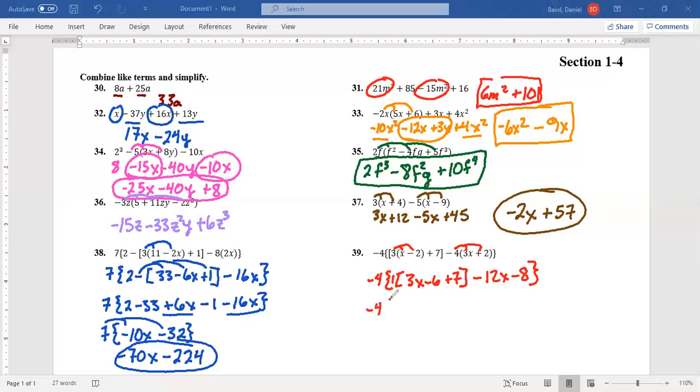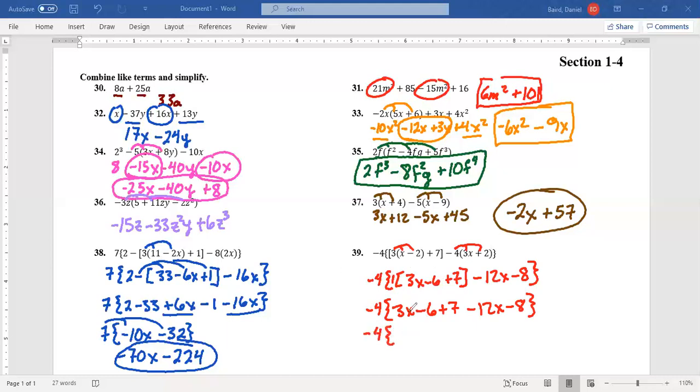If you'd like to think about it like a 1 that got jumped in, that's all right. We end up with negative 4. What's in the brackets is 3x minus 6 plus 7 minus 12x minus 8. Interesting that without something to jump into everything, specifically in the brackets, like here we had a minus sign that had to be distributed into the brackets. Over here we didn't. Let's simplify that down just a little bit.